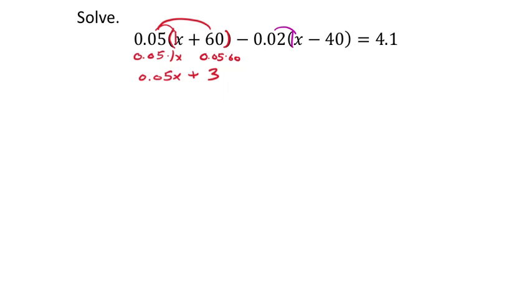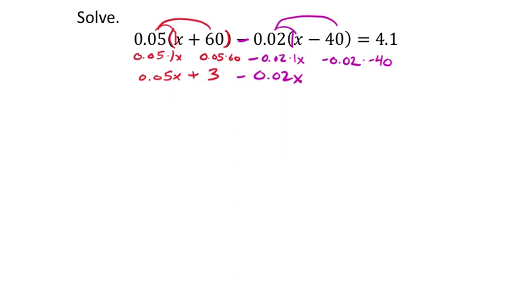Some students look at this and say it's 0.02 times 1x, but it's not. Because of the minus sign, it's a negative 0.02, which means minus 0.02x, and that comes from 0.02 times 1. Once again, it's not just 0.02, it's negative 0.02, and it's multiplied by not just 40, but negative 40 because of the minus sign.